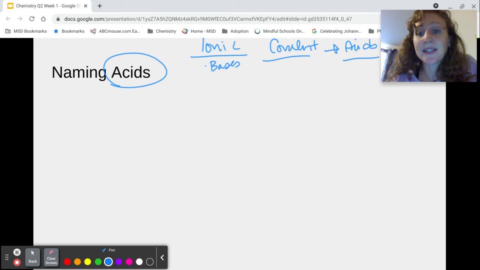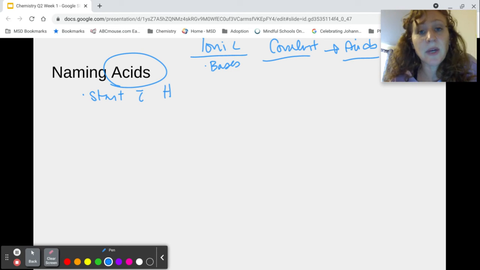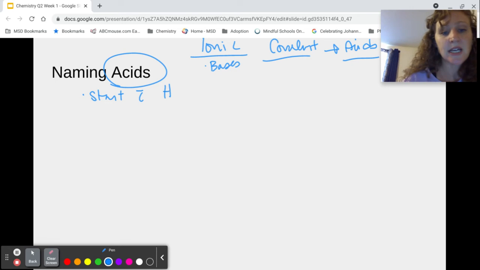You're going to recognize an acid because it's going to start with an H. Any compound you come across that starts with an H is an acid and can be named as an acid. When you name acids, you're going to base the name off the name of the anion. And so the names of the anions are going to fall into two categories.